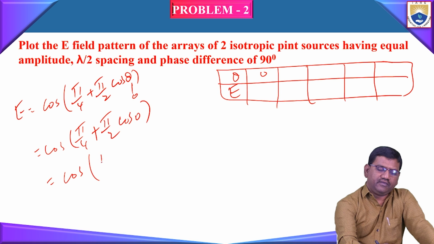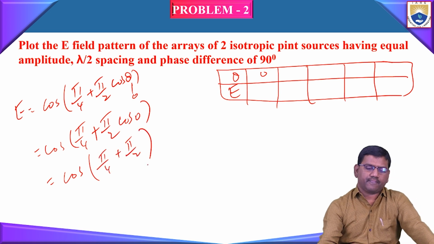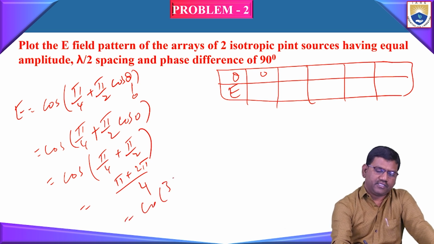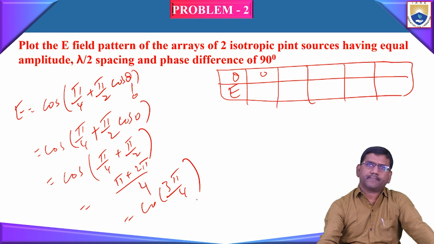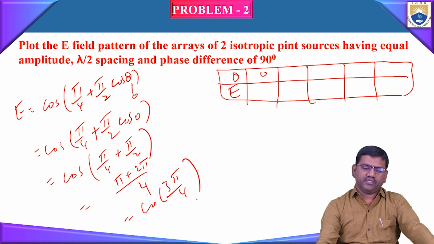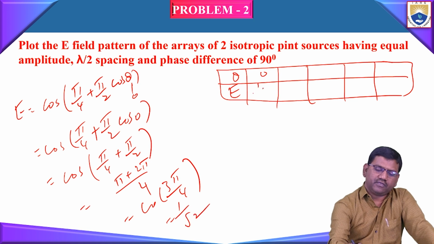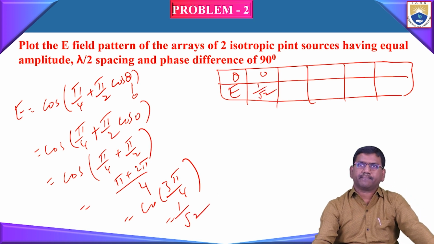If we substitute this 1, you will get pi by 4 plus pi by 2. If you simplify this, you will get pi plus 2 pi over 4, so cos of 3 pi by 4 here. If you simplify this value, you will get 1 by root 2.